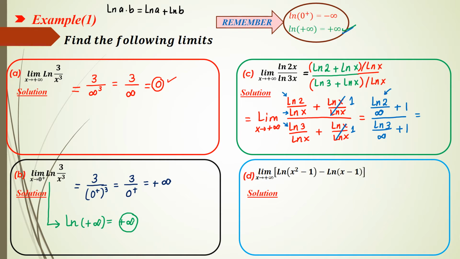Since ln 2 and ln 3 are constants, any number divided by infinity equals 0, so we have 0 plus 1 divided by 0 plus 1, and the answer of this limit equals 1.